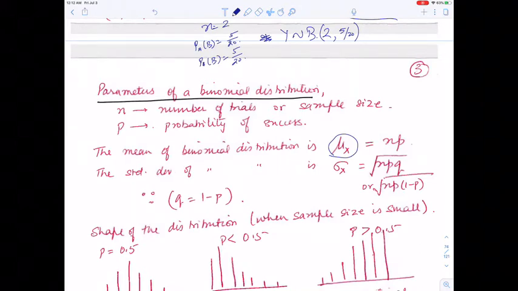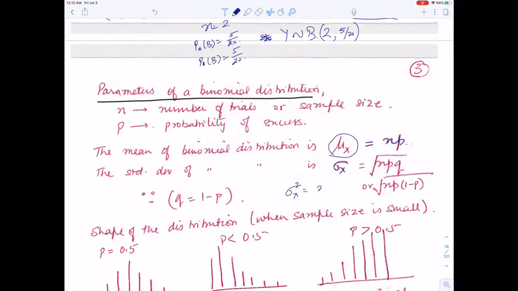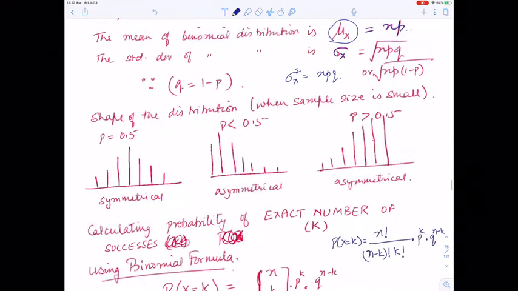Simple formula, mu x is equal to np. If you know n and p, then you can calculate np. The standard deviation of binomial distribution is given by sigma x, which is equal to square root of npq. If you were to find variance, that would be npq, or np times 1 minus p, right? Q is 1 minus p.